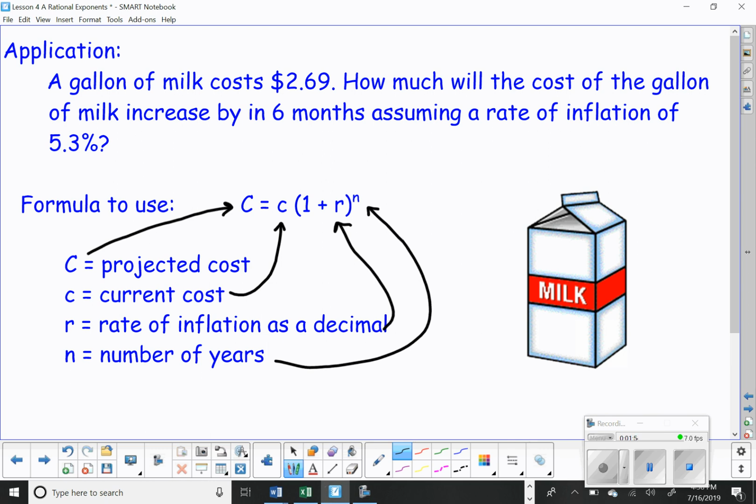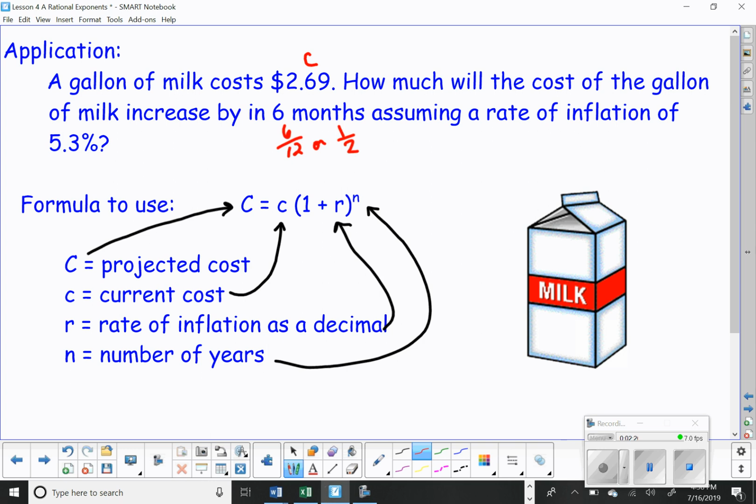A gallon of milk currently costs $2.69. That would be little c. How much will the cost increase in 6 months? 6 months is what part of a year? That's 6 out of 12, or 1/2 of a year.